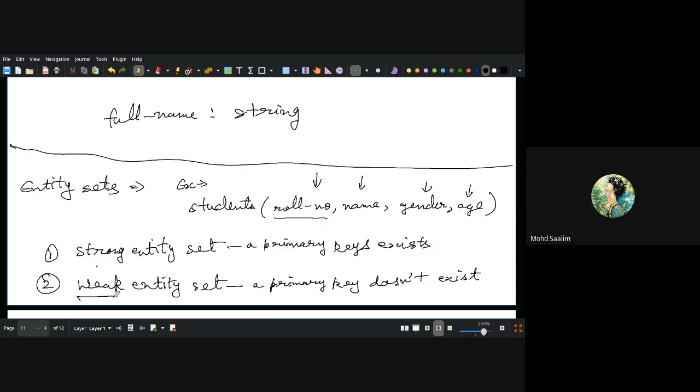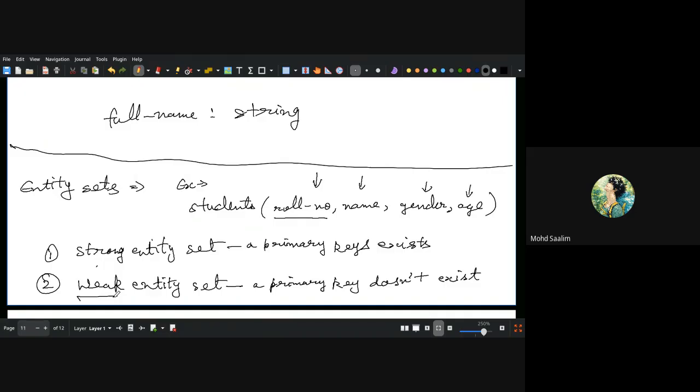If a primary key doesn't exist for your entity set, it is weak. This will be understood if the definition of a primary key is clear in your mind. And I think I explained it in a very detailed way. So you can ask me the doubt on primary key. Otherwise, you will not understand the distinction between them.